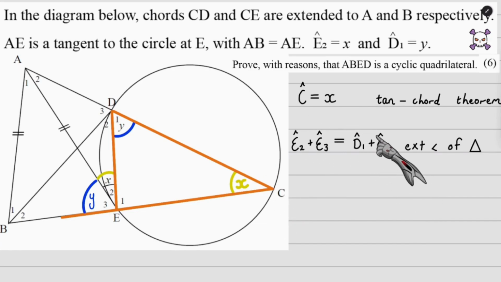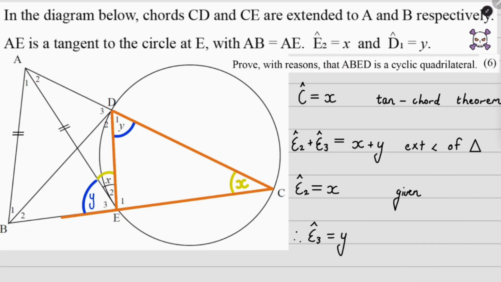So we're just going to swap these to an X and a Y like so. And then we're going to state that E2 is the same size as X. They told that to us in the question. And now we're going to jump to the conclusion that E3 has to equal Y. And for this line over here, you can put given as your reason.